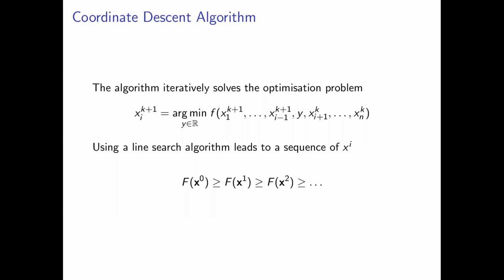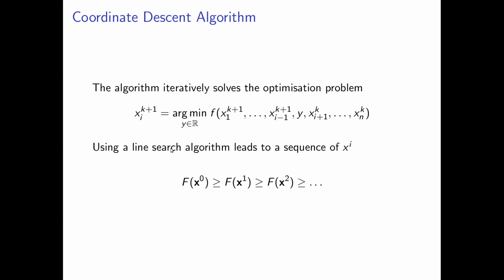The coordinate descent algorithm is pretty simple in its idea. It basically solves an optimization problem where we obtain the x_{i+1} depending on all the previous coordinates which we fitted already, filling in the y which we have, keeping the old coordinates from one step before, and minimizing this target function.